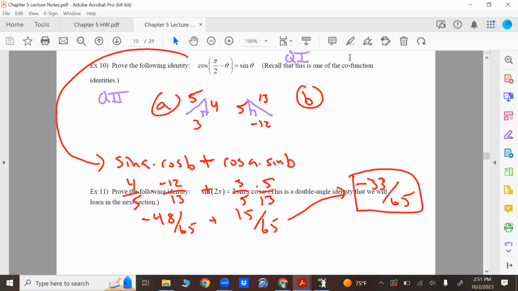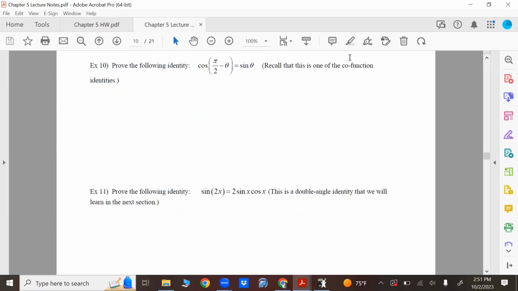All right. Let's prove the following. This is a co-function identity. Now, I know this is true, guys. I know they're going to equal each other. But we're going to use the difference identity.